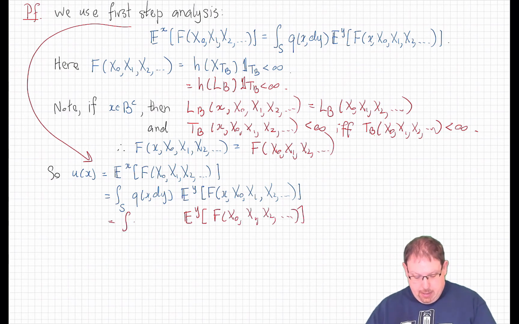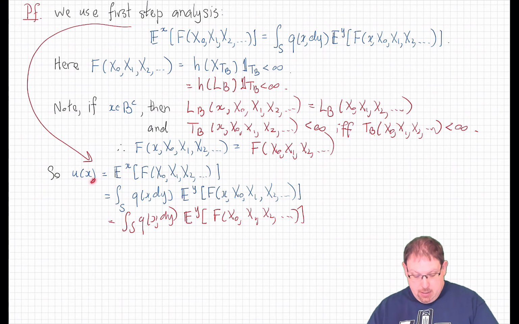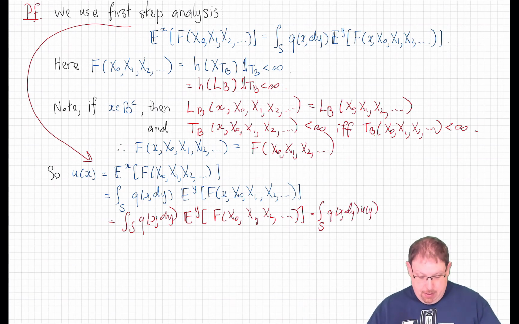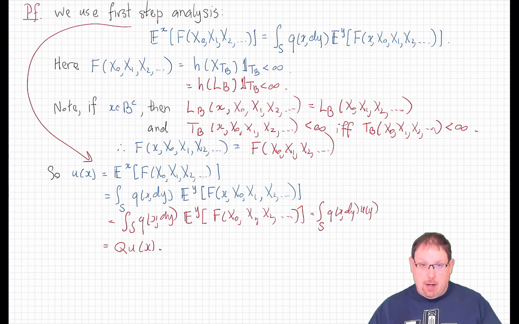And so that's the integral of this, but this expectation inside here is u of y. And so what we get is the integral over S of Q of x dy u of y, which is exactly the statement that u is equal to Qu of x. Again, all of this in the case where x is in B complement.